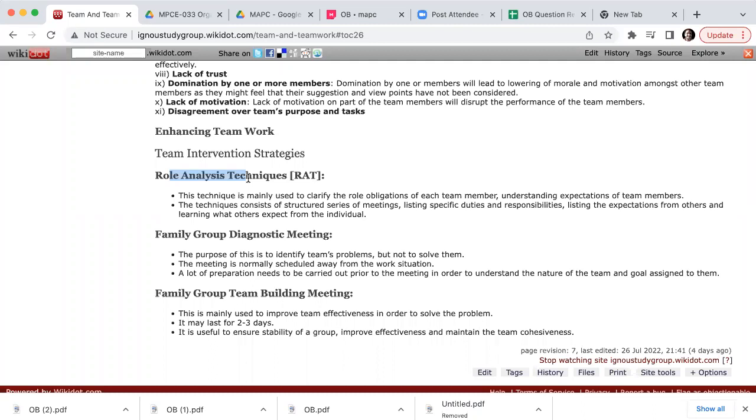Second is the family group diagnostic meeting. So what is a family group? We already talked about it. It is a permanent group which is going to be there. A special group is the temporary group, right? So within the family group, are you doing enough problem finding?